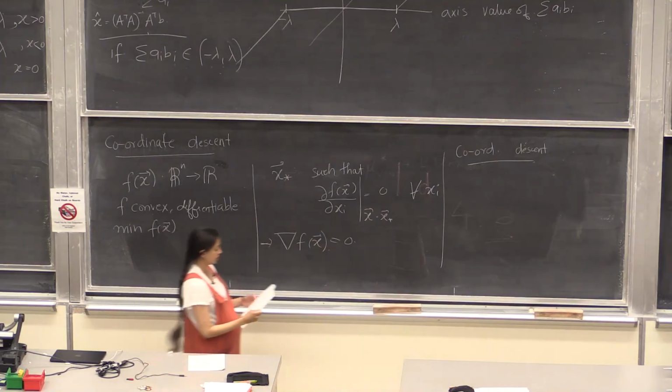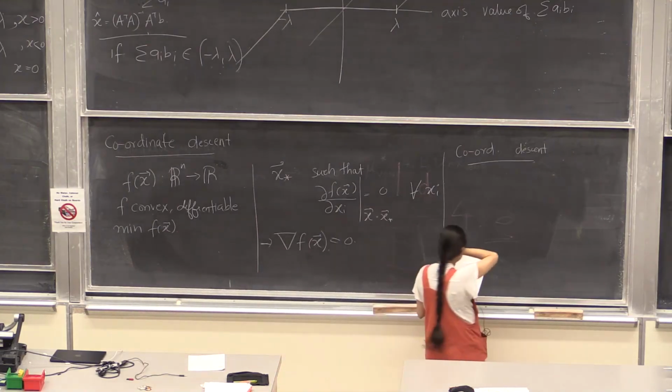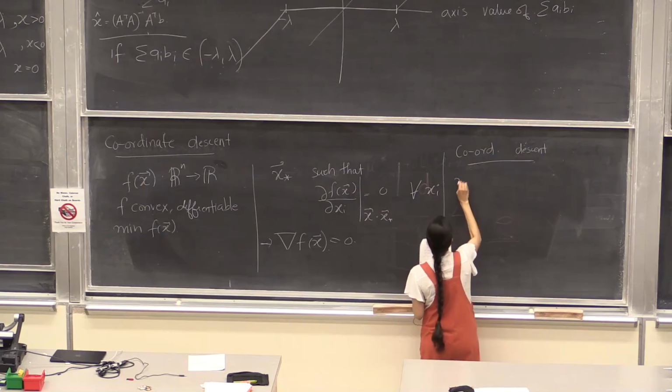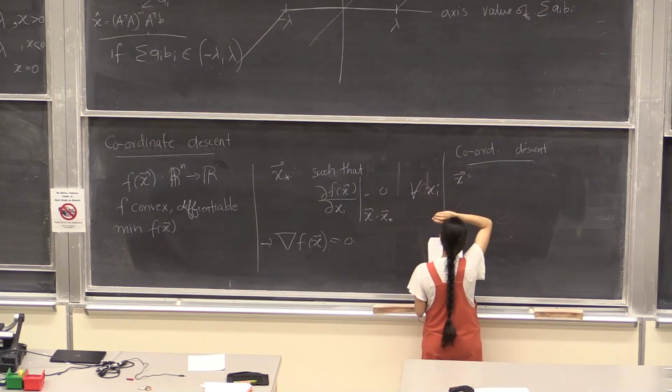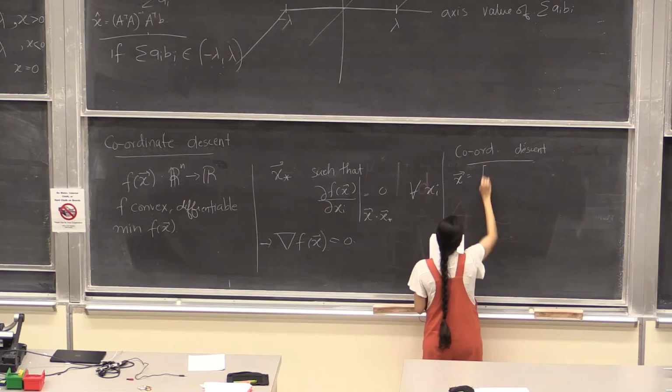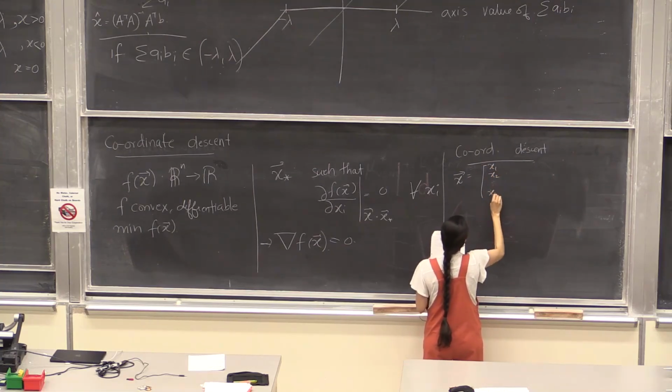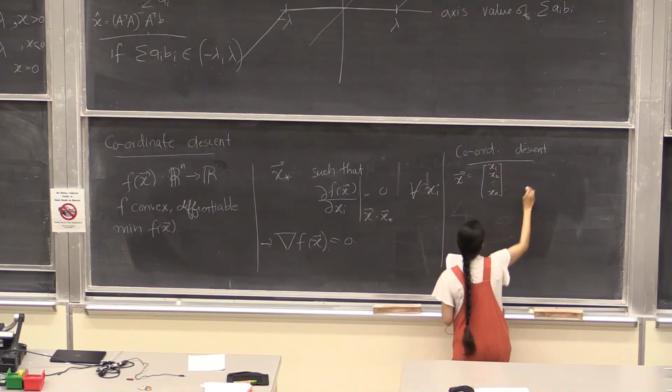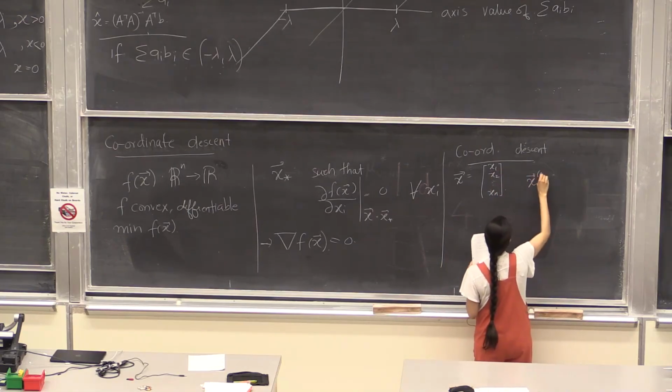Basically, it says, let's say you have some x. Let's call the components of x, x1, x2, all the way up to xn. And let's call some initial point x of 0.